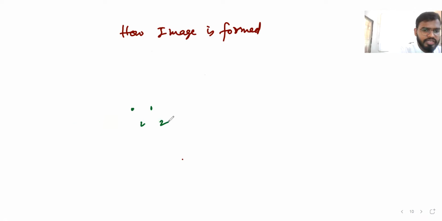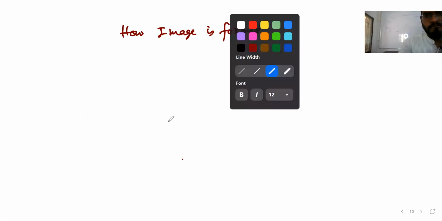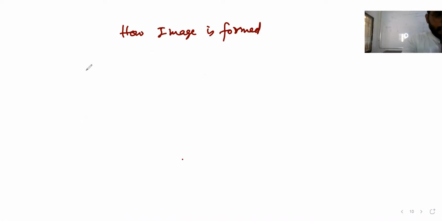Let's see. We'll proceed with these things. Okay, the diagram will not be that good, but fine, you guys can understand what I'm trying to say.